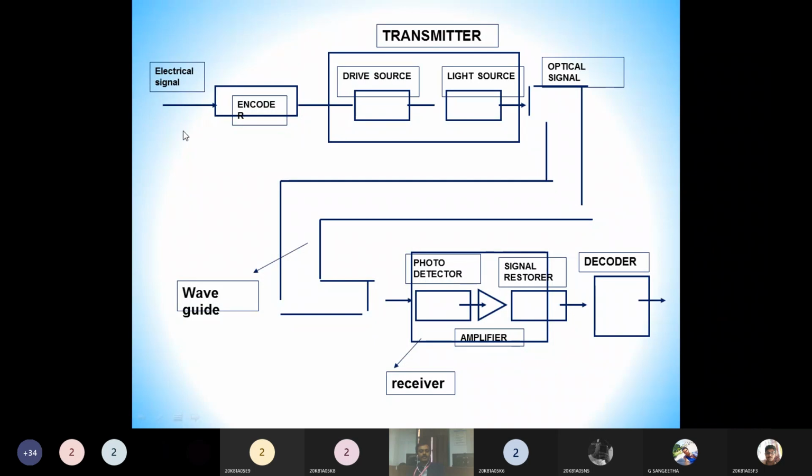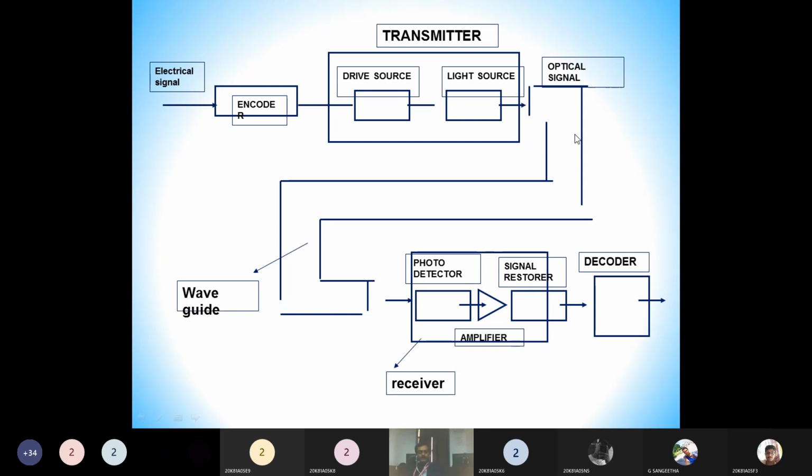So first of all, whatever pictures there are, they are converted into electrical signals. Those electrical signals go through the encoder to the drive source, and the drive source supplies them to the light source. The light source converts the electrical signals into optical signals.